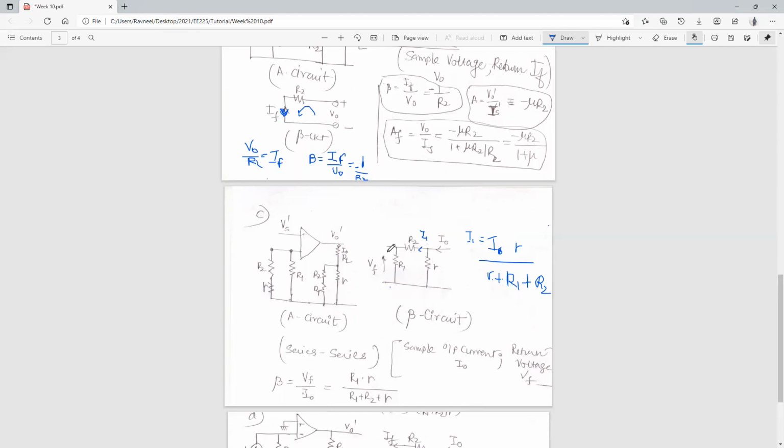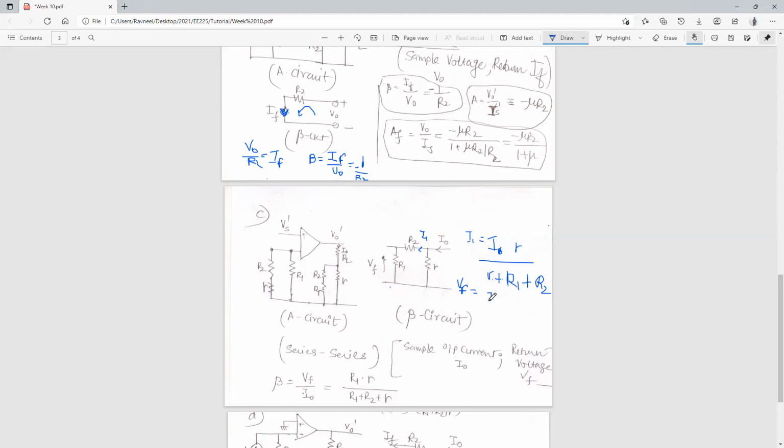Now, if you're to find the voltage across this R1, that is the same current flowing across R1, isn't it? So your VF is basically equivalent to this current I1 multiplied by R1. Your I1 is given by this function over here.